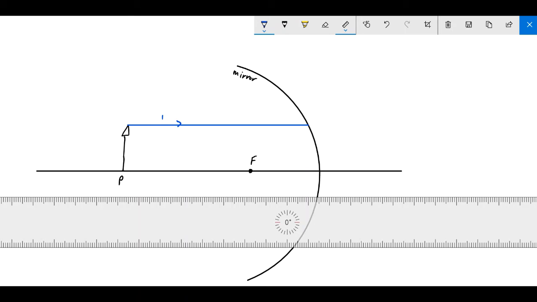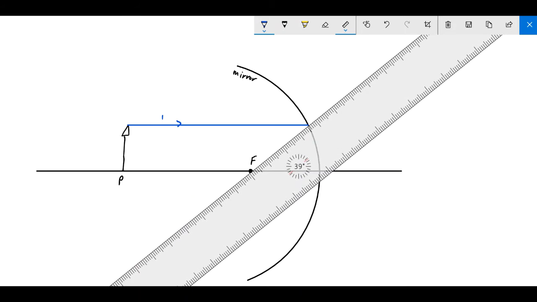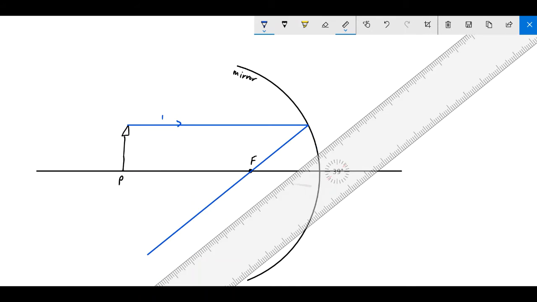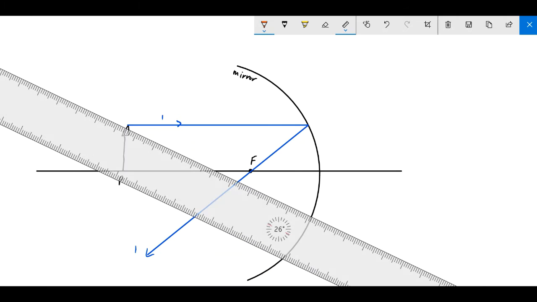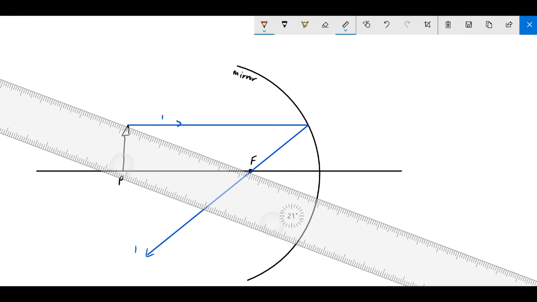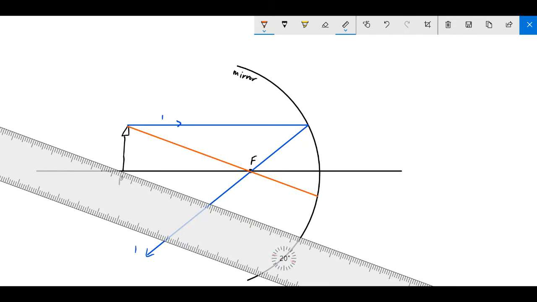And then it will pass from the mirror through the focal point, like that. So that will be ray number 1. And then ray number 2, let's pick another color. We'll go through the focal point from that same position on the object right to the mirror like this.